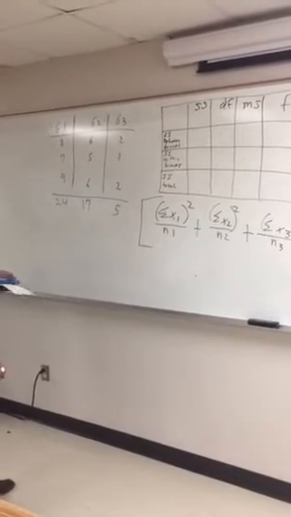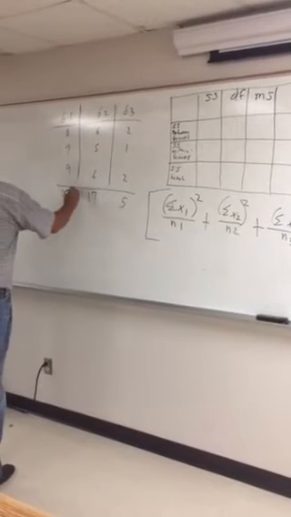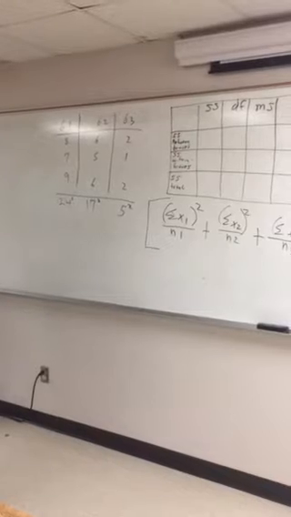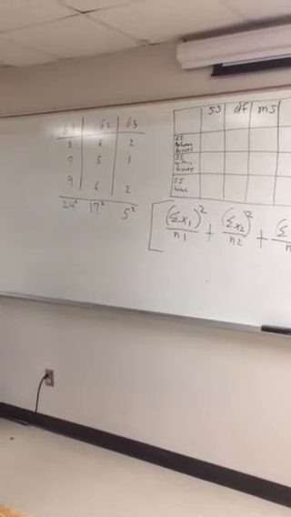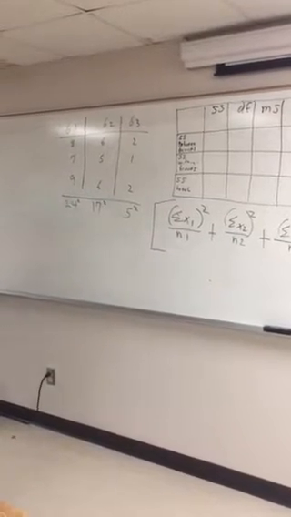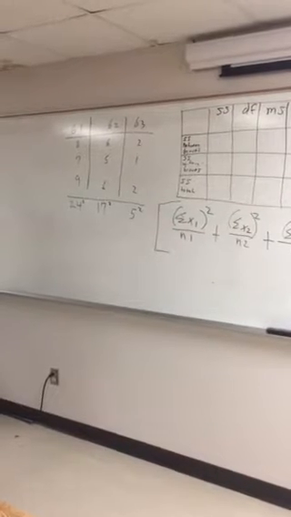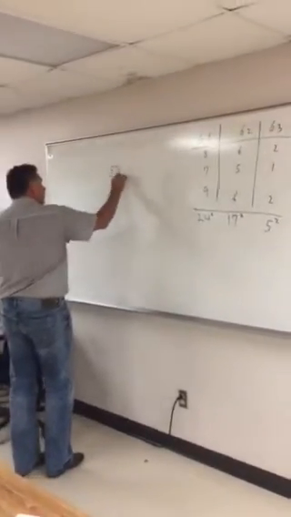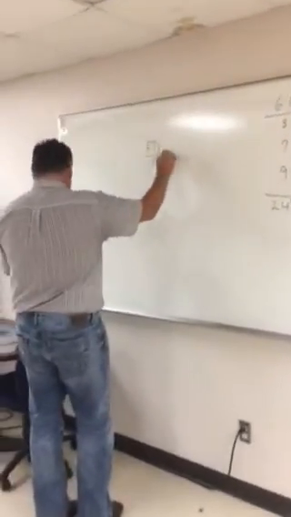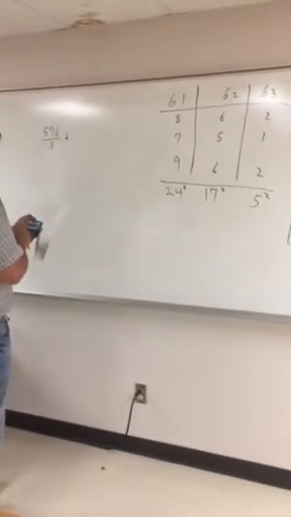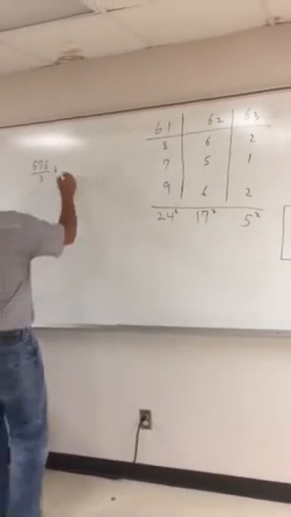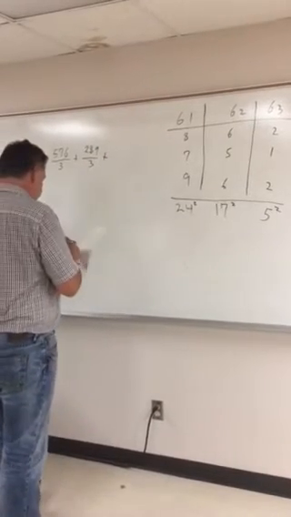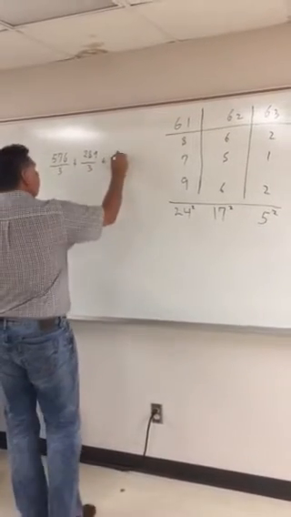Now what I'll do is I'll take 24 and I'll square it, and then I'll divide it over the observation number. So let's go ahead and do that. I've got 24 squared, which is 576 over 3, plus I've got 17 squared, which is 289 over 3, plus 5 squared, which is 25 over 3.